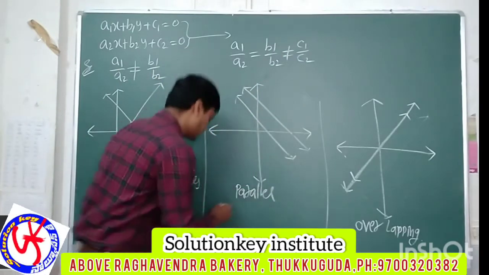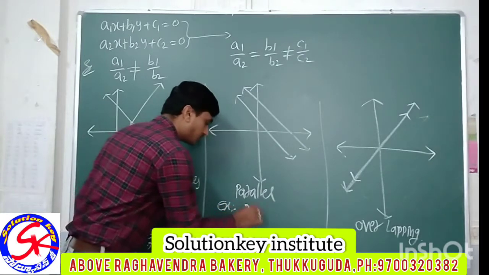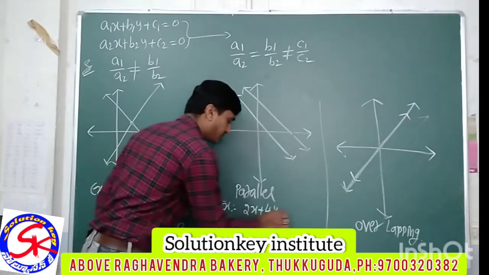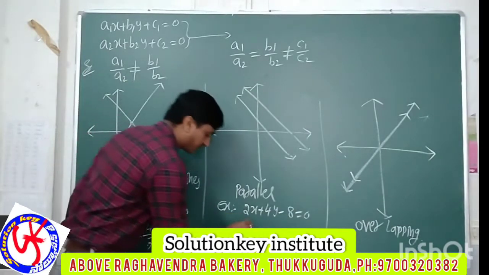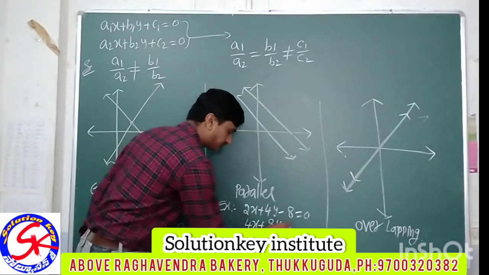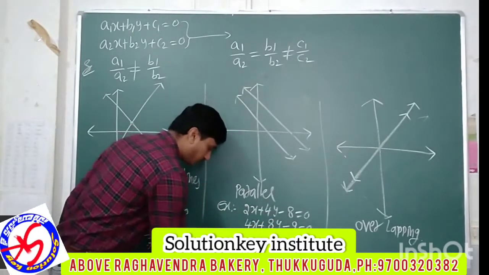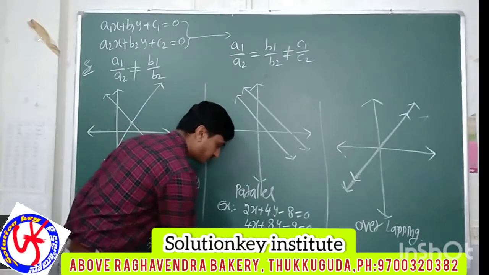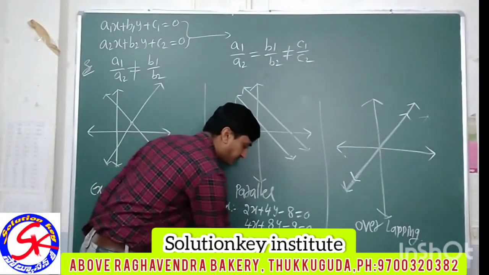For example, I take the same equation, 2x plus 4y minus 8, and here 4x plus 8y minus 9 is equal to 0. Then see 2 by 4, 4 by 8, and minus 8 by minus 9.